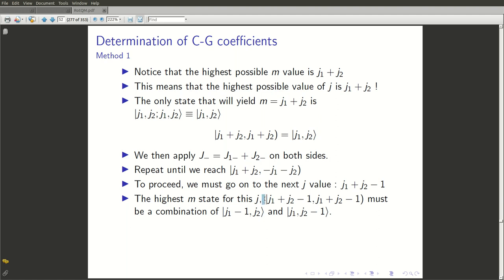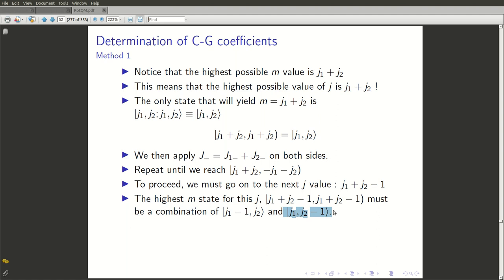So how do we get this? Now, unlike the previous case, where the only possible way to get Jz eigenvalue J1 plus J2 was to choose J1 and J2 as the eigenvalues for J1z and J2z respectively, now I want the Jz eigenvalue to be J1 plus J2 minus 1. This can be achieved by linearly combining this one, J1 minus 1 and J2, and this one, J1 and J2 minus 1.